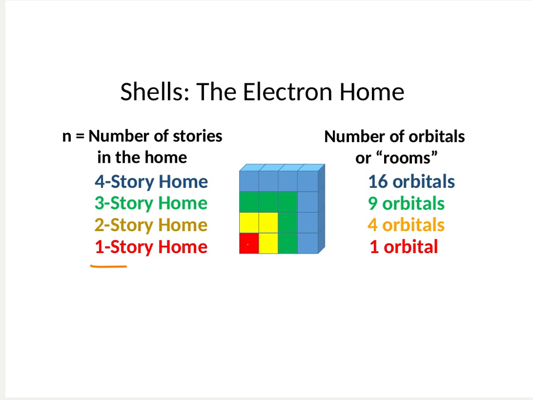If we just have the 1-story home, we have a single orbital right here. But when we go to the 2-story home, we have that original orbital plus 3 more, so we're left with 4 orbitals. If you add on an additional 5 more, you're met with 9, and so on and so forth. Add that additional 7, and then you have 16.